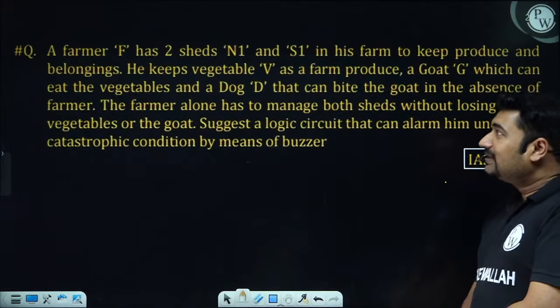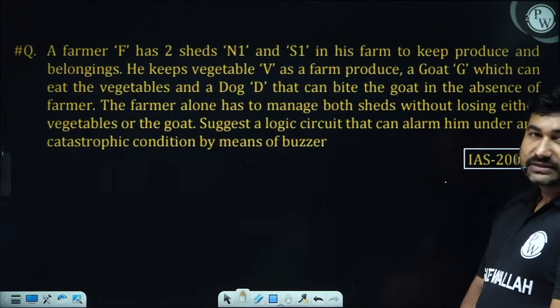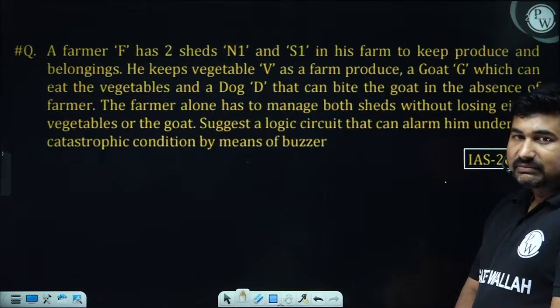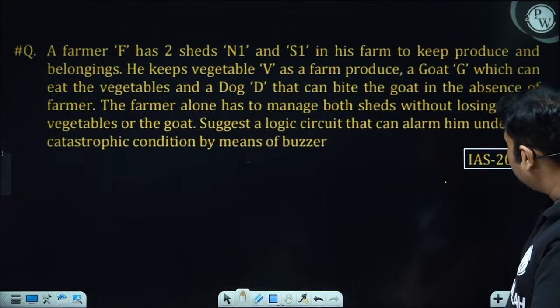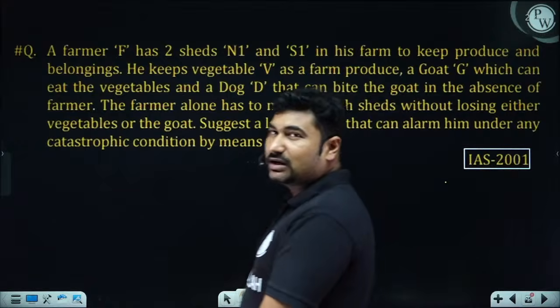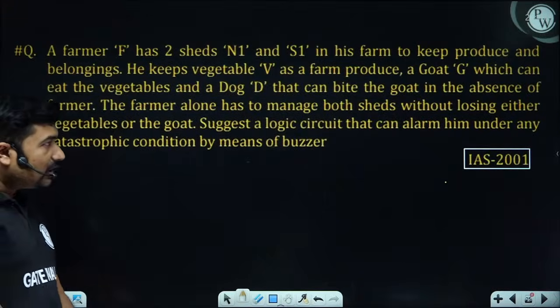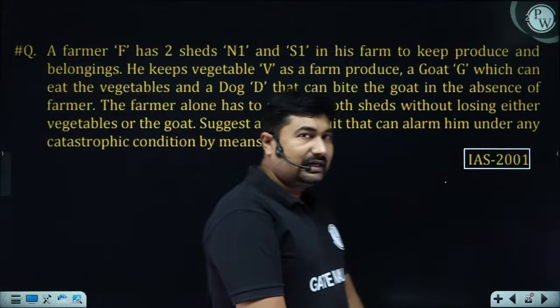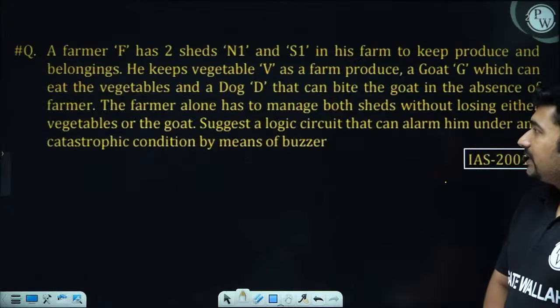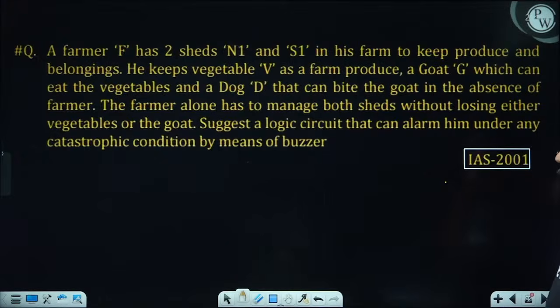So the farmer alone has to manage both the sheds without losing either vegetables or the goat. Suggest a logic circuit that can alarm him under any catastrophic condition by means of a buzzer.